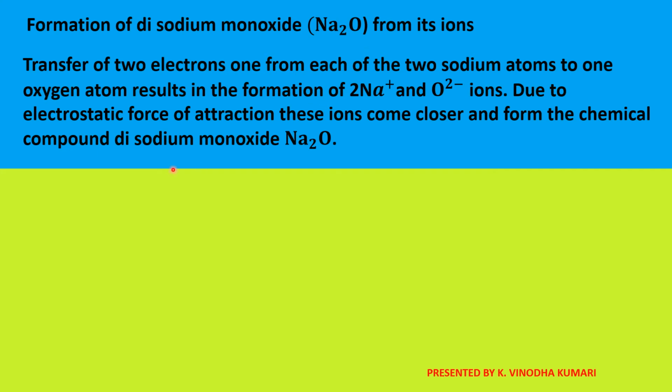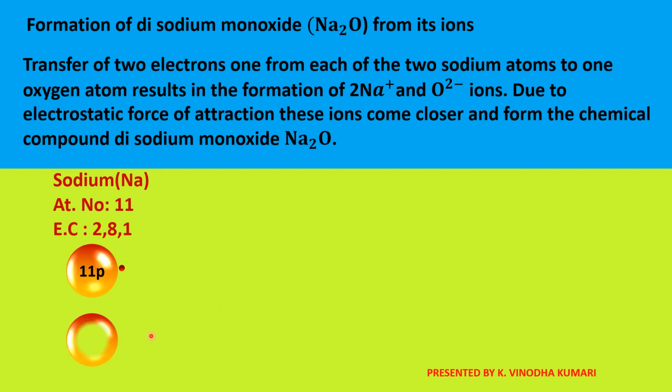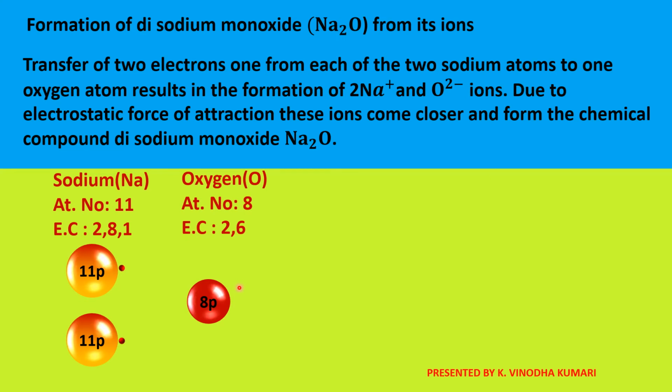Now we'll write the dot structure for disodium monoxide. Sodium atomic number 11, electronic configuration 2, 8, 1. So it contains 1 electron in the outermost shell. 2 such sodiums are there, which have 1 electron in the outermost shell. And oxygen, which is short of 2 electrons, will have 6 electrons in its outermost shell.